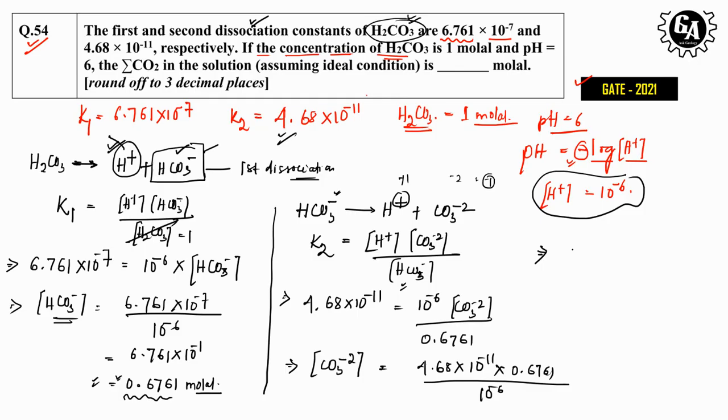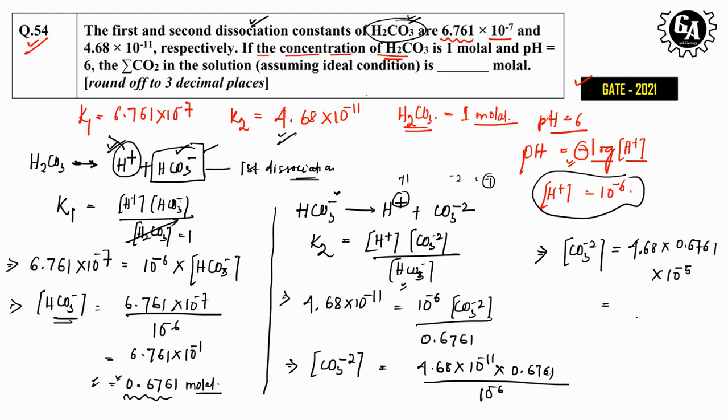So we can find out the CO3 minus 2 concentration. It is 4.68 into 0.6761 into 10 to the power minus 5, since the minus 6 goes off.